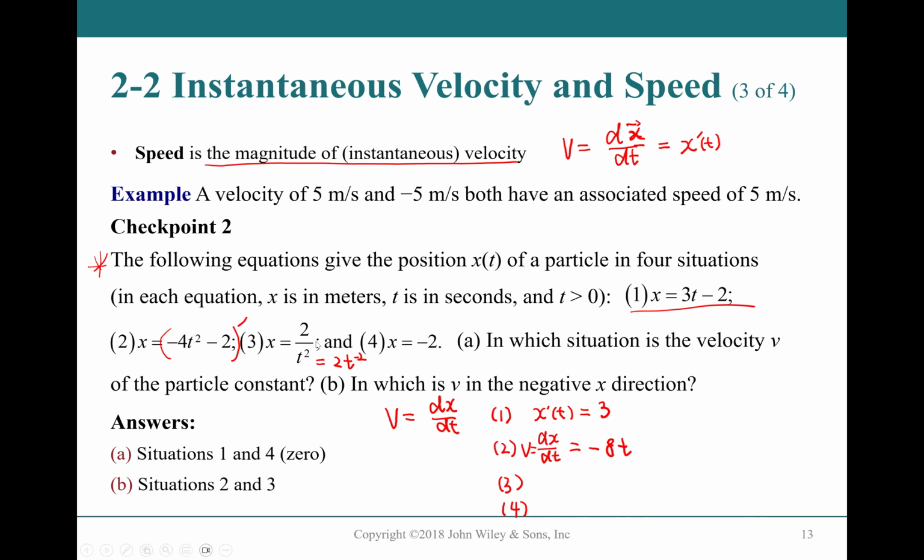If you don't know how to type t to the power of negative 2 in your box, you can type it like this, t hat negative 2. So this is t to the power of negative 2. See if you can get the right answer.